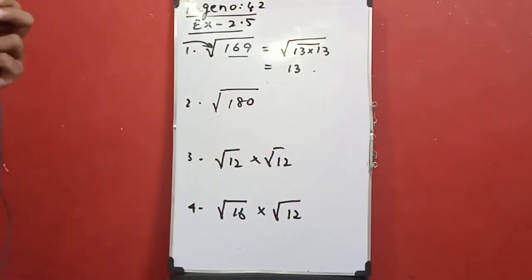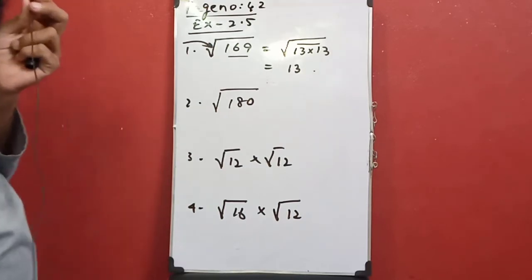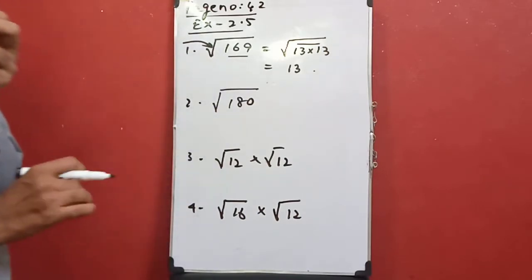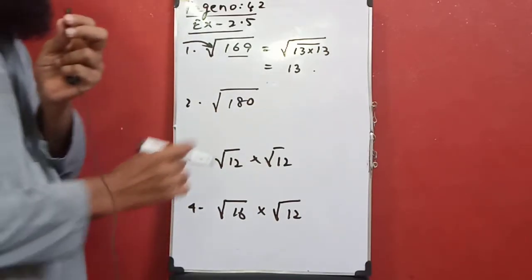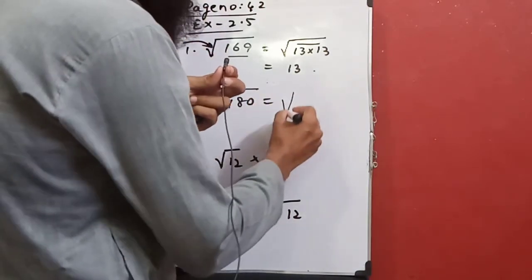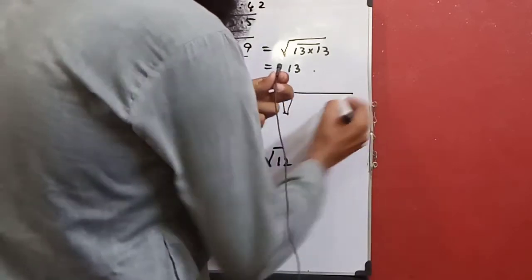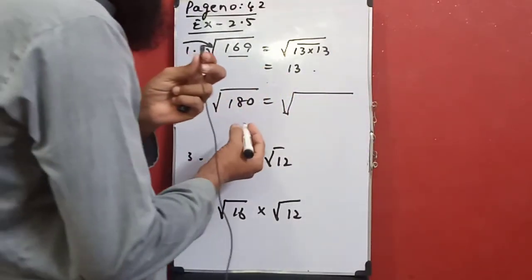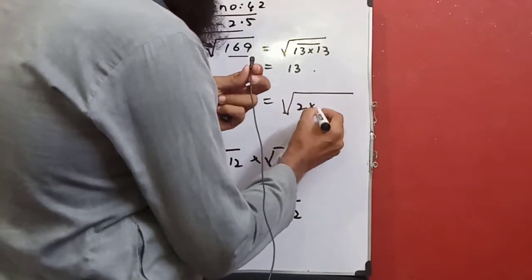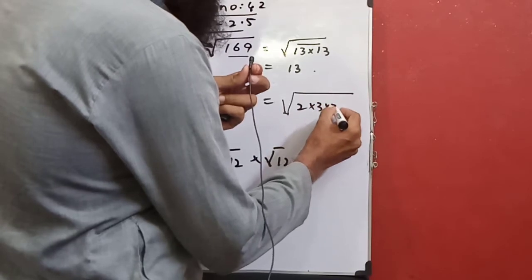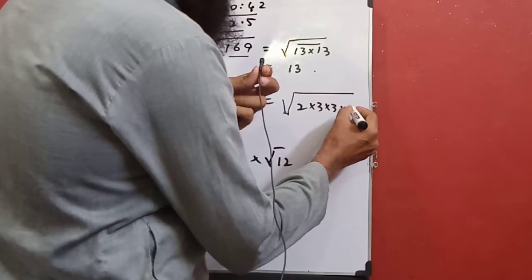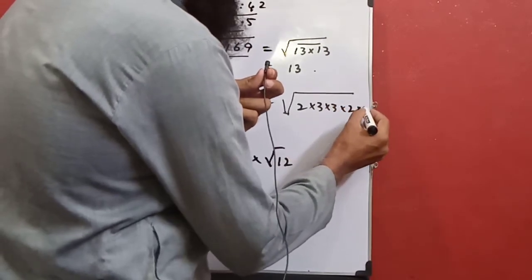But here in question number 2, the number or radicand is 180. But 180 is not a perfect square of any number, so I resolve it into its factors. How do we obtain 180? 2 into 3 into 3, 2 3s are 6, 6 3s are 18, and 18 2s are 36, 36 5s are 180.